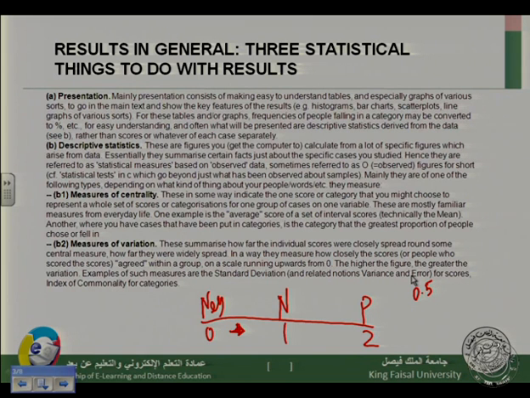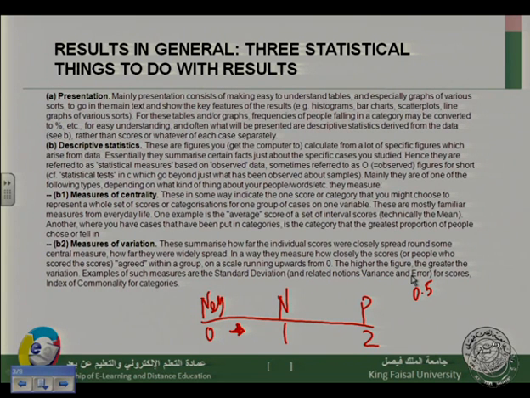So from your observed data, you get the computer to calculate these numbers. What we are going to talk about are the mean and standard deviation. So, measures of centrality, these in some way indicate the one score or category that you might choose to represent a whole set of scores or categorization for one group of cases on one variable.